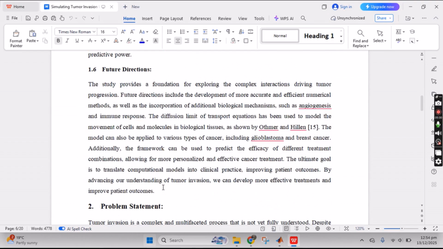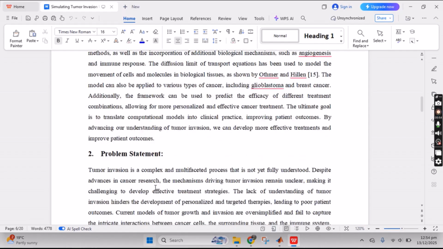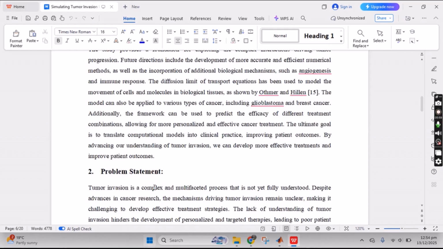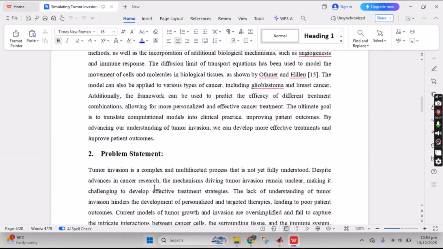Okay, so for the future directions, we need to avoid the proliferation and spreading of the cancer tissues in the whole body, and the diffusion limit of transport equations has been used to model the movement of cells and molecules in biological tissues. The main thing is how we efficiently do treatment combinations, allowing for more personalized and effective cancer treatment as well.